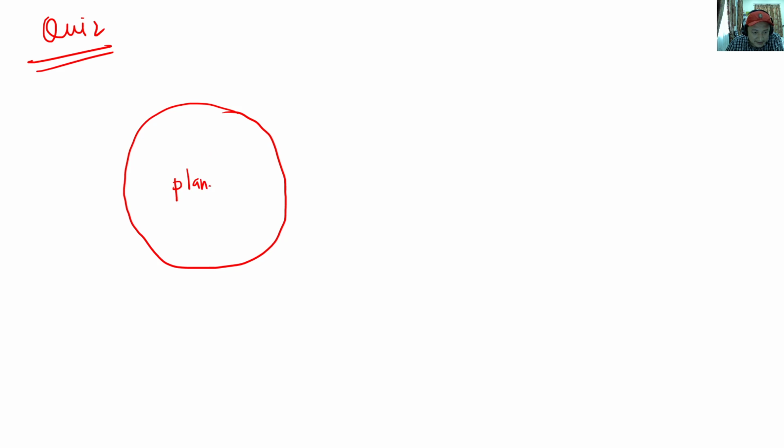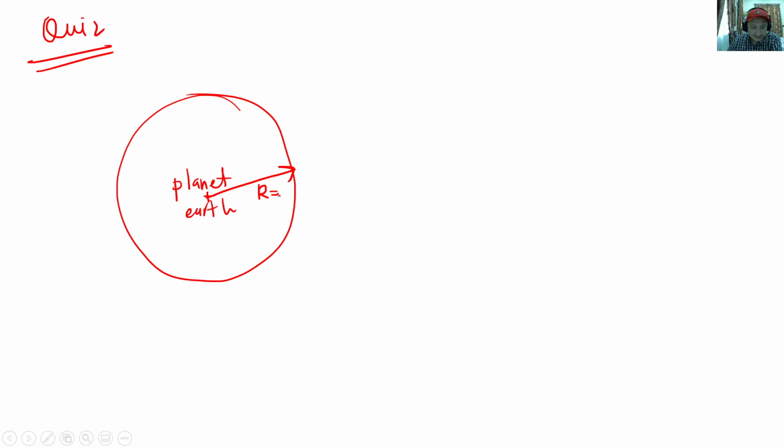So this is planet Earth. So the circle. Okay, this is the circle. This is planet Earth. What is the radius of planet Earth? Use your phone. Radius planet Earth.